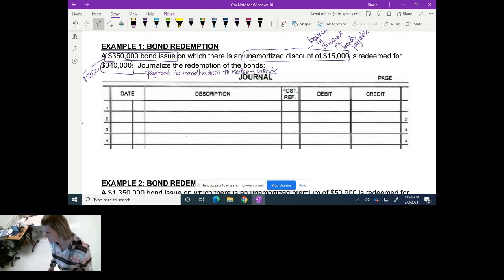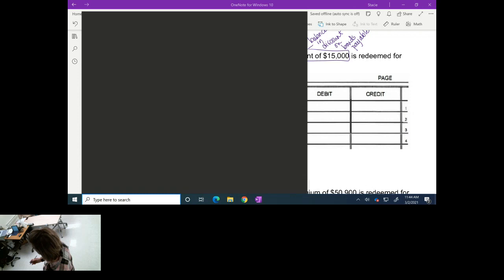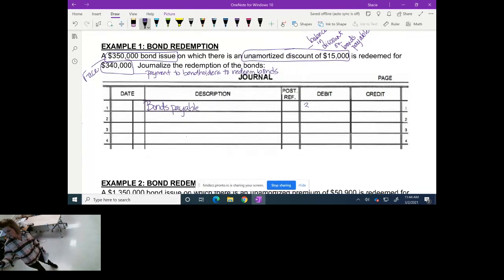Again, like I told you before, put down your knowns. So how much do we have for bonds payable? $350,000. It's telling you a $350,000 bond issue. That's your face.